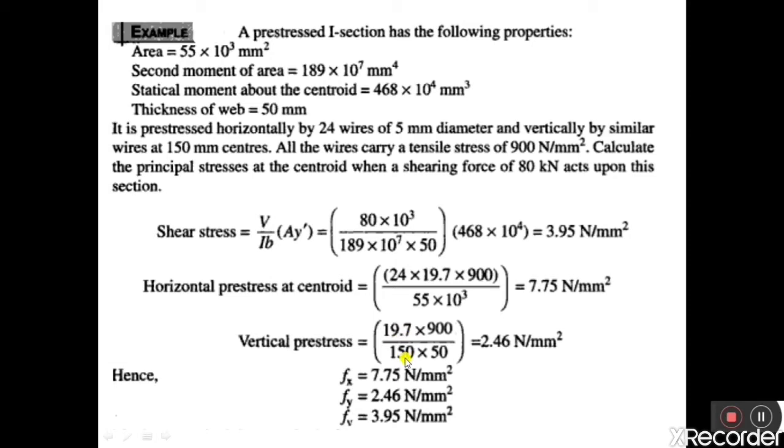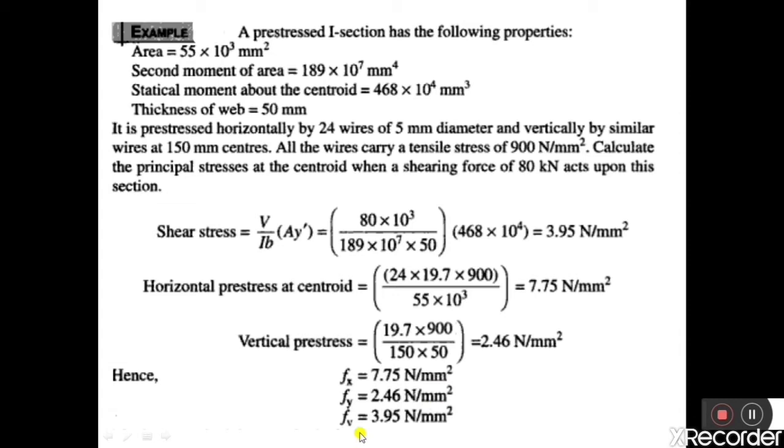In the denominator it is 150 into 50, where 150 is the spacing and 50 is the thickness of the web. Therefore vertical prestress f of y is equal to 2.46 Newton per mm square. So we have calculated f of x, that is 7.75 Newton per millimeter square, and f of y, that is 2.46 Newton per millimeter square.